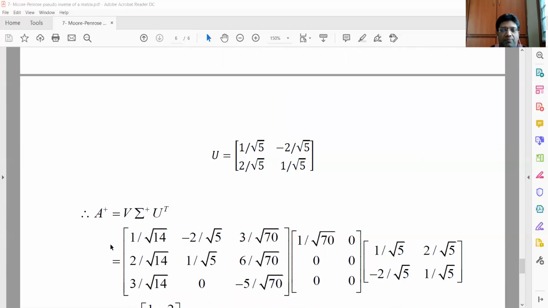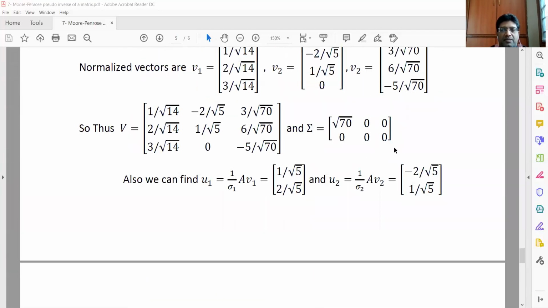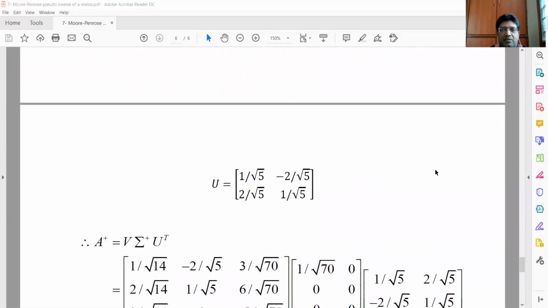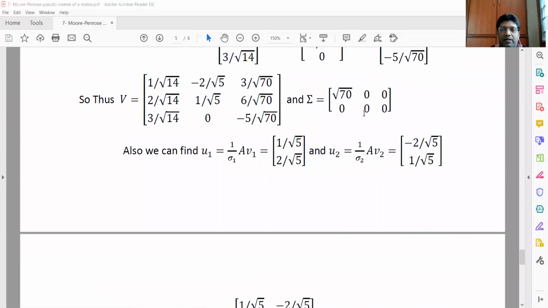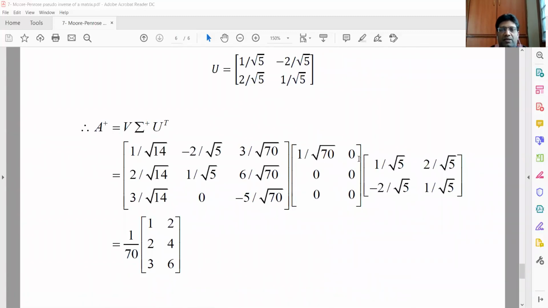Therefore A plus equals, the formula is V sigma plus u transpose. V is this one, right? And sigma plus is nothing but its inverse. How to calculate its inverse? You have to take its reciprocal. So 1 by root 70, 0, 0, 0, 0, 0.